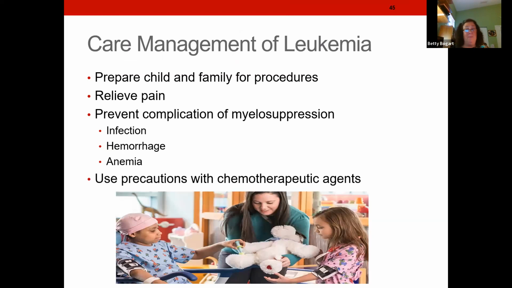So again, leukemia is going to be longer term. There's going to be a lot of things going on. Now, the one thing they do is immediately they'll put in a port, which is a central line underneath the skin, somewhere on the upper chest, and it goes into the heart. And nothing's hanging out of the body, okay?